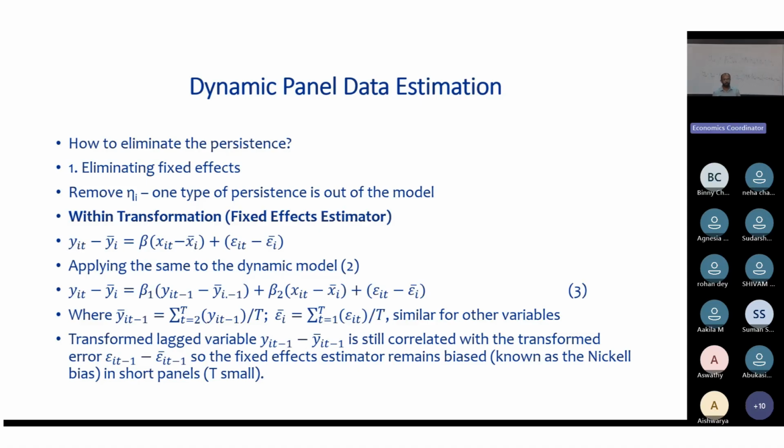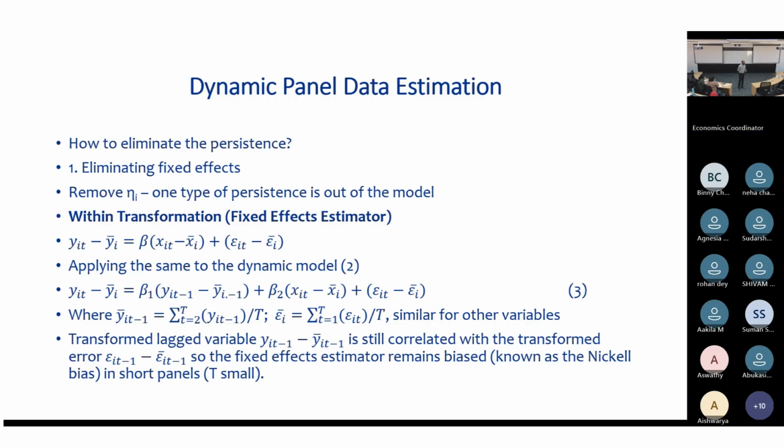Does this solve our problem? What are the two problems? First one is endogeneity. Second one is autocorrelation. Is this transformation solving your problem? The autocorrelation is still there. There's the epsilon it minus 1 there. Is it going away?